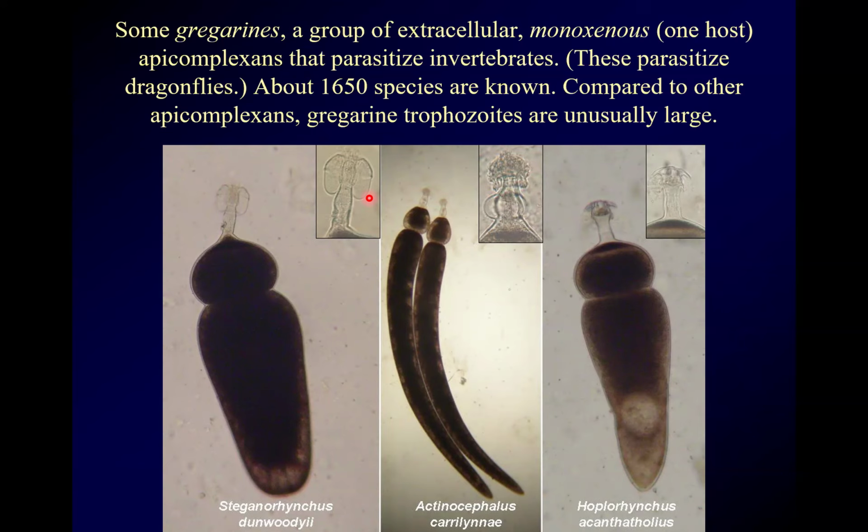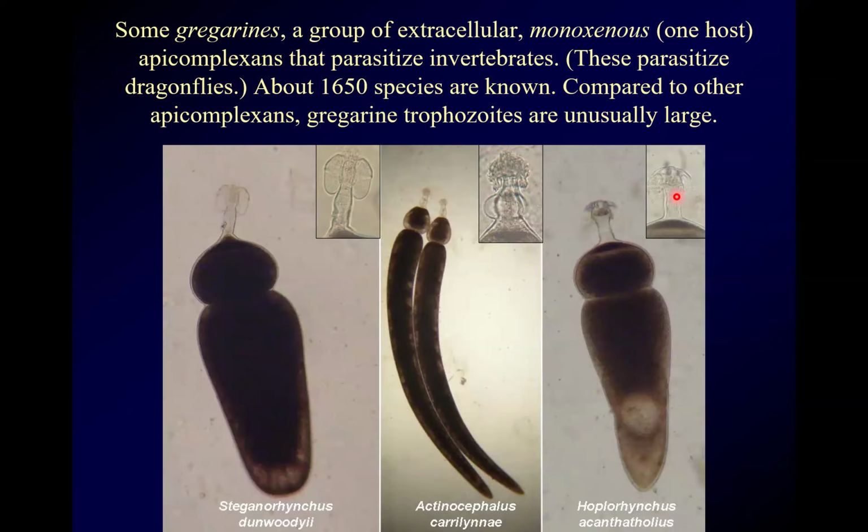These are extracellular parasites. If you look carefully, you can see that on the anterior tip, they've got this weird little attachment organ that's transparent. You can see it enlarged right there and right there and right there. Those attachment organs will penetrate into cells lining the gut of a host.